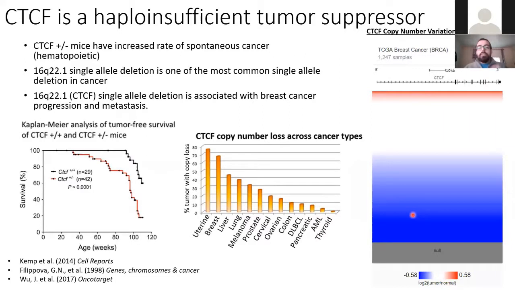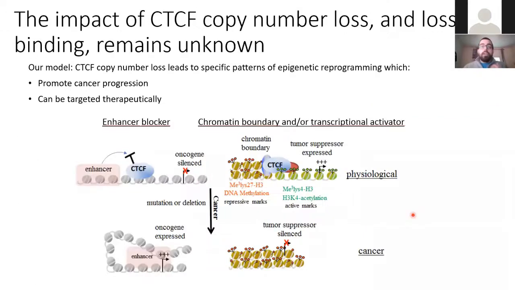However, despite everything I showed you before, the clear function of why its haploinsufficiency promotes cancer progression is not known. So in our lab, our model and the project I work on is that CDCF copy number loss will lead to specific patterns of epigenetic reprogramming, which will promote cancer progression and can be targeted therapeutically.